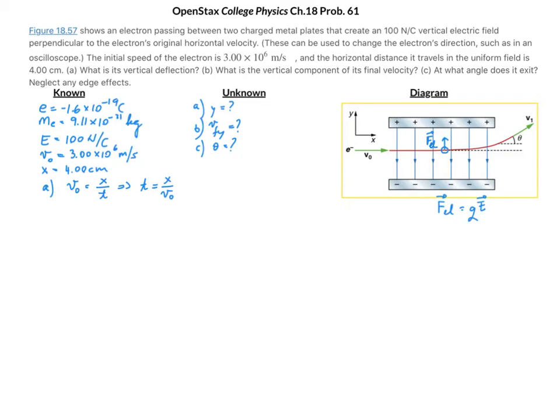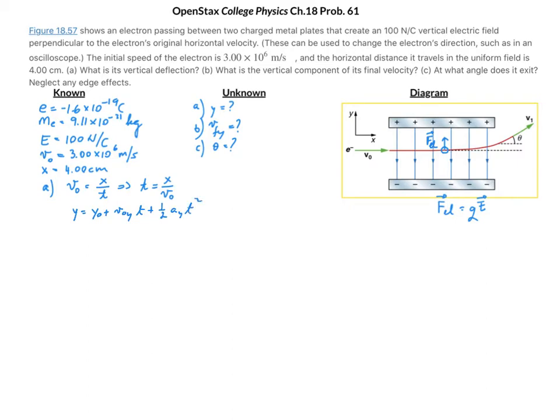Then we know that in the same amount of time, while the electron traveled the horizontal distance, it also picked up a y displacement. So in the y direction, just like for projectile motion, we can say y equals y naught plus v naught y t plus 1/2 a y t squared.